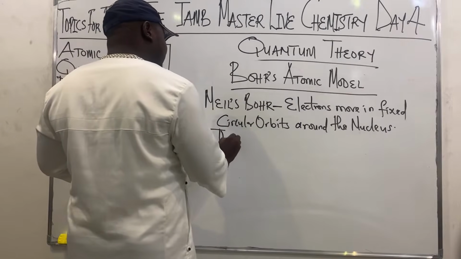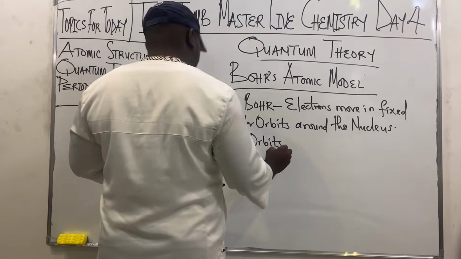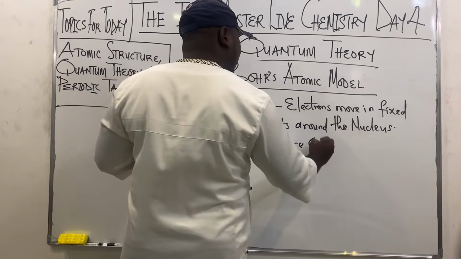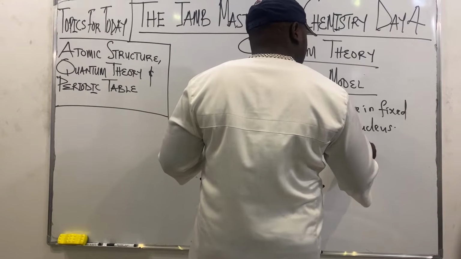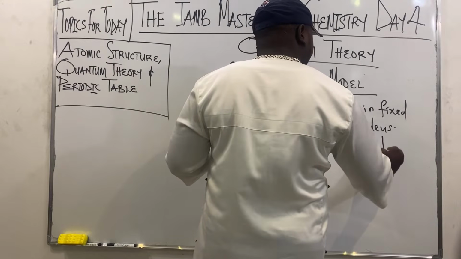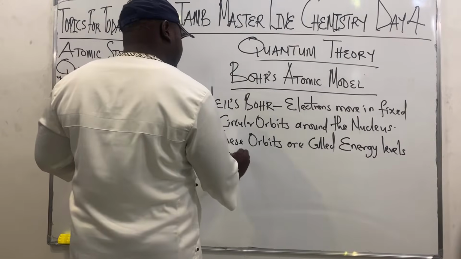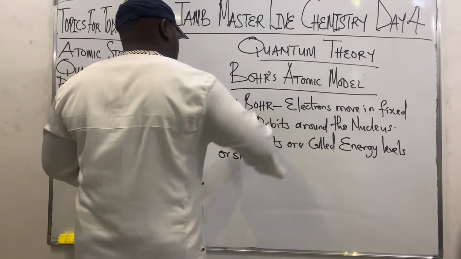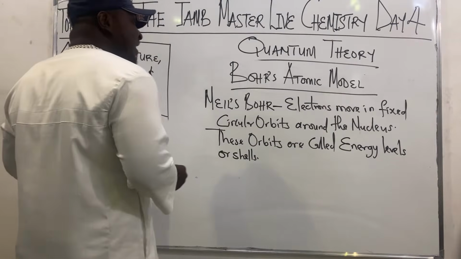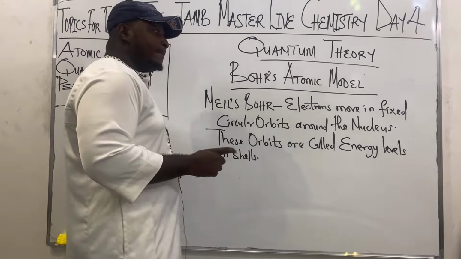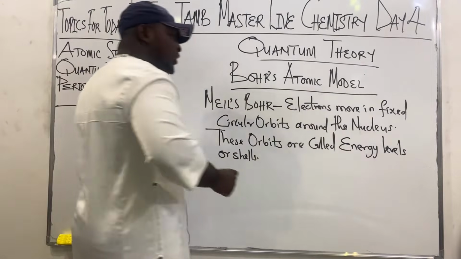These orbits are called energy levels or shells. Class, the electrons in an atom move in fixed circular orbits around the nucleus.